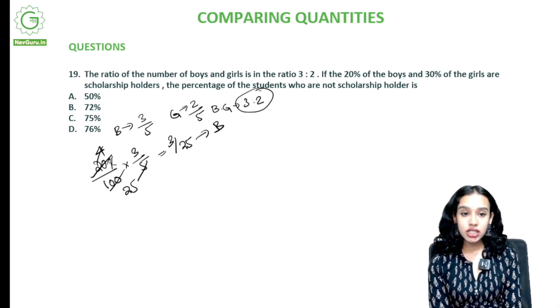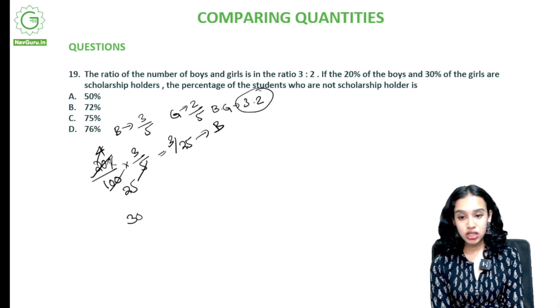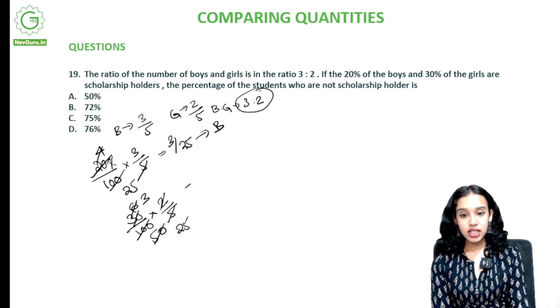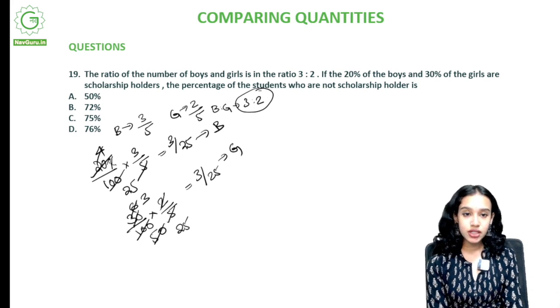Now let's check the girls. 30% of the girls. So 30 by 100 of 2 by 5. Now 5 and 30 goes 6 times, and 6 50 again by 20 by 2 we get 3 by 25. That is 3 by 25 part of the girls too holds the scholarship, right?